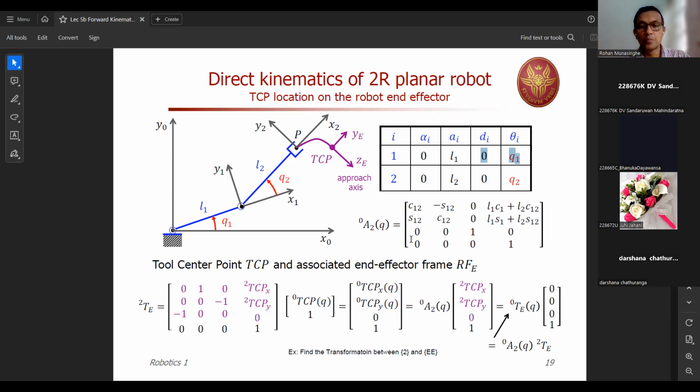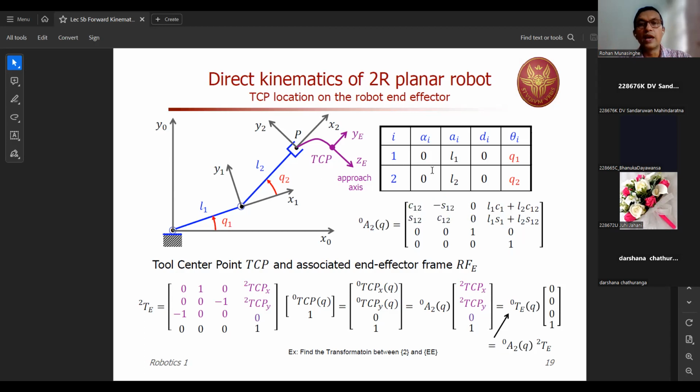Now you can see over here, if you do that, you get to this one, 0A2, which means the second coordinate frame at the end of the link with respect to the 0 coordinate frame, which is the base, is given by this one. So how do you get that?